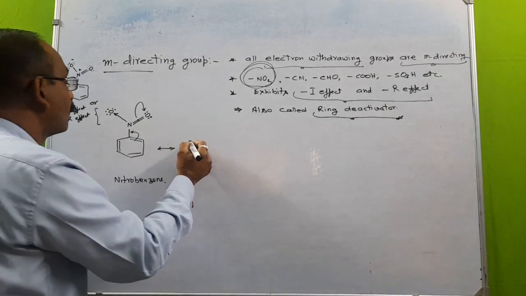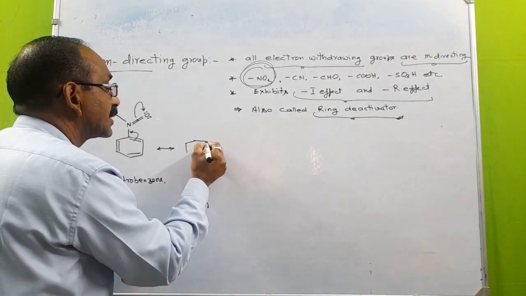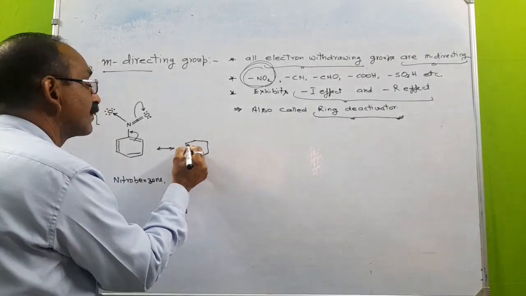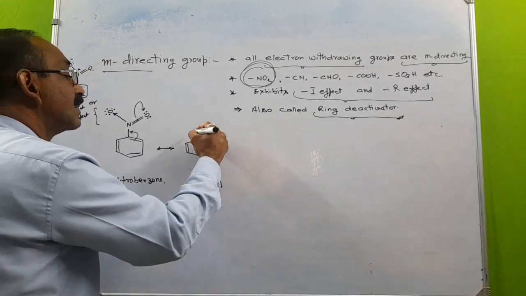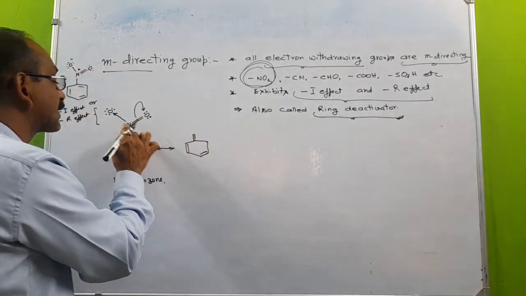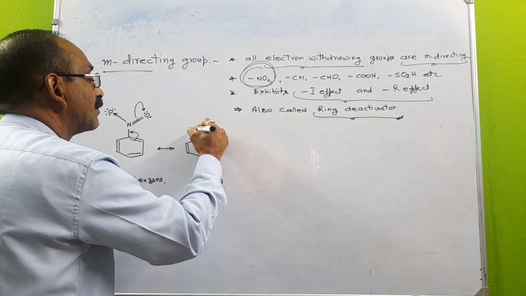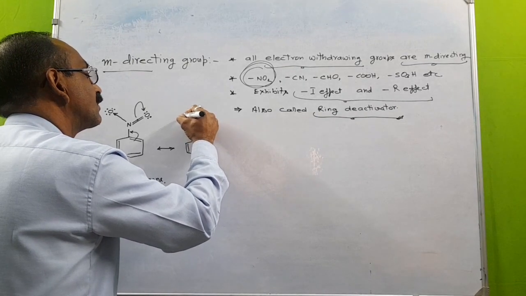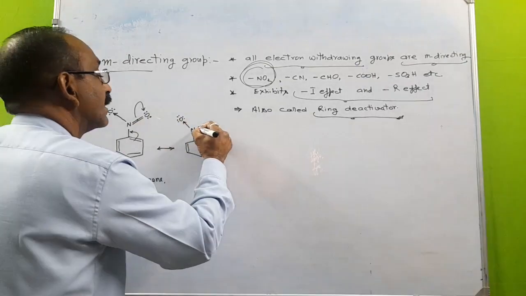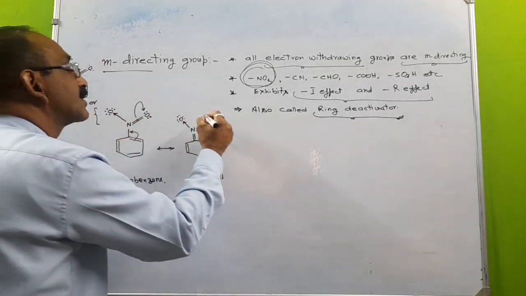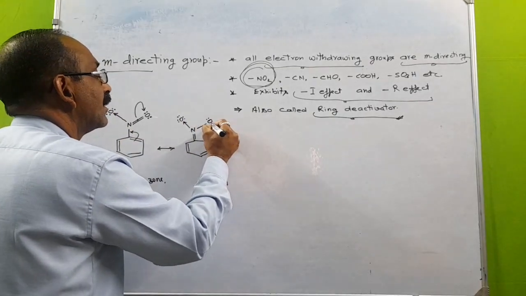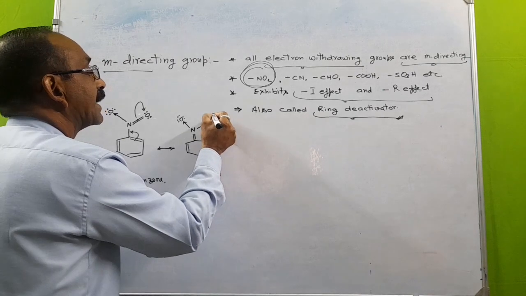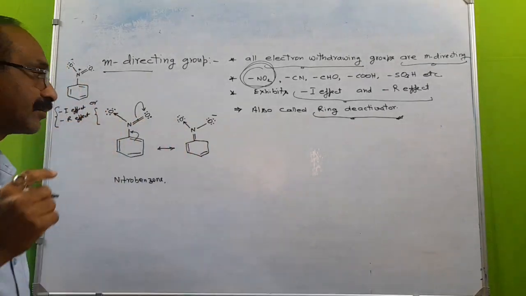See, now we'll get another resonating structure here. Double bond, double bond. As the two electrons come in between the ring and nitrogen, a double bond will form here. There's a coordinate bond, and now between the nitrogen and oxygen a single bond will be left, and this oxygen will now acquire a negative charge.